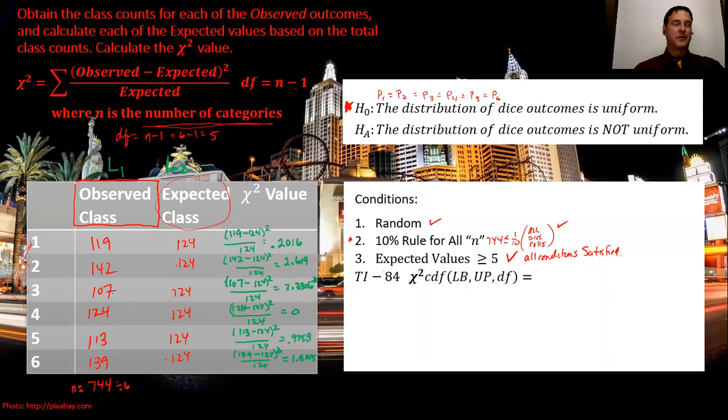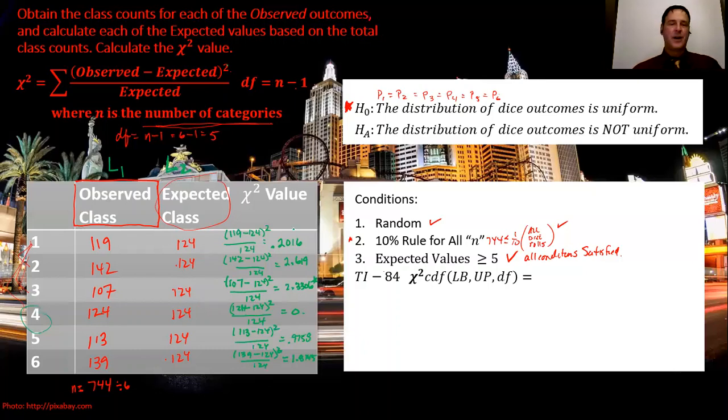In this case, it was much lower than what it should have been. The one that was most consistent with what it should be was the 4, of course, because you can see that the 124 matched with the 124 perfectly, and it gave us the smallest possible chi-squared value, which is 0. So you will never have a chi-squared value smaller than 0, assuming that all your expecteds are positive numbers, which I've always seen them to be.